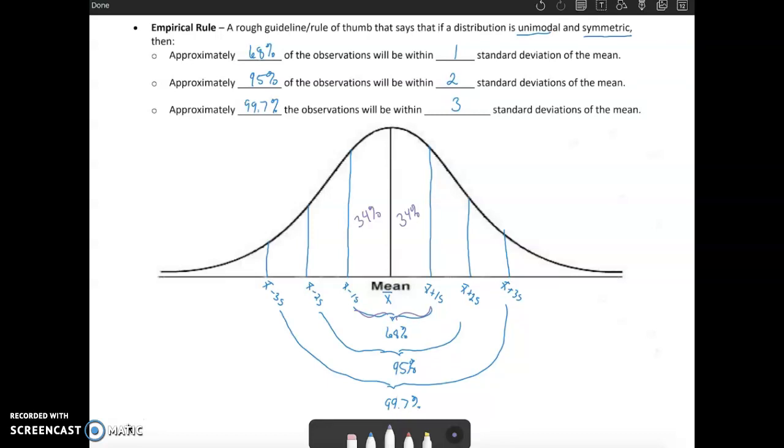Okay, then we could do some creative thinking. What that means also is that if there is 68% inside there, if we were to go out this direction or out this direction, we could use the complement idea: 1 minus 68%.